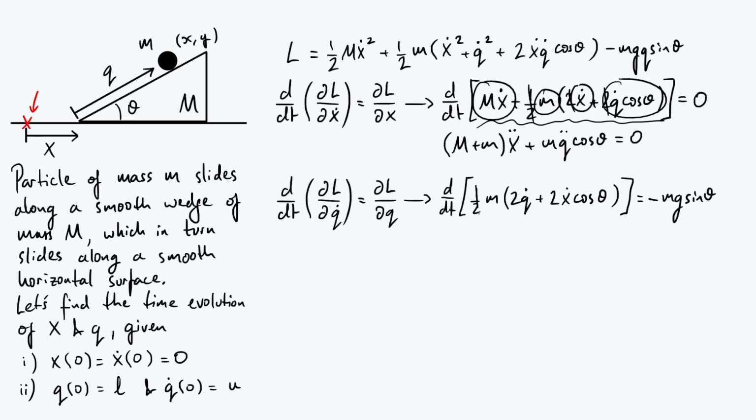So once again, you cancel the half and the 2s, and you put an extra dot on each of the time derivatives. In this case we can also cancel m from both sides, since you've just got a lowercase m here and here. And so your equation of motion is going to be q double dot plus x double dot cos theta equals minus g sin theta.